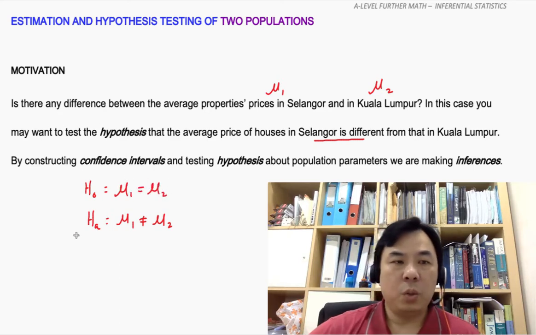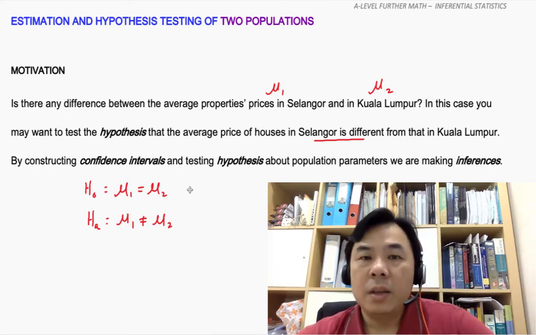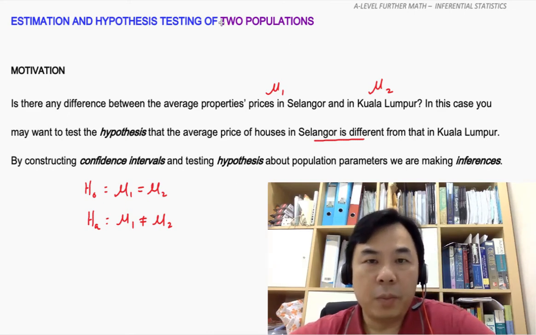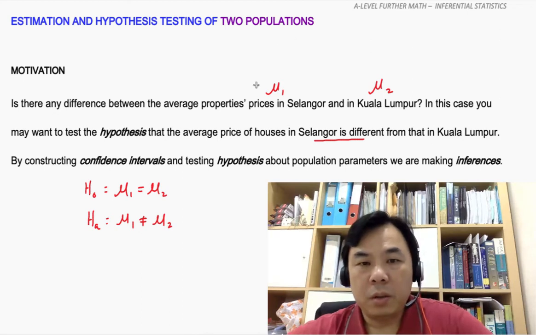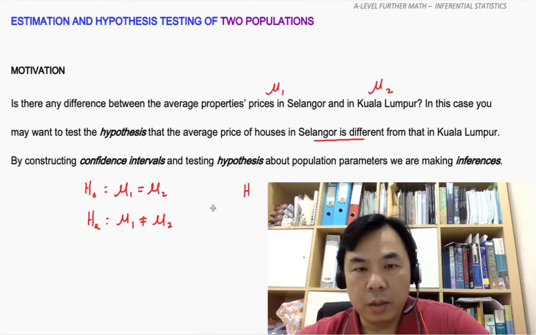So this is one way to write the hypothesis statement that represents two populations, or you can write it in this format.